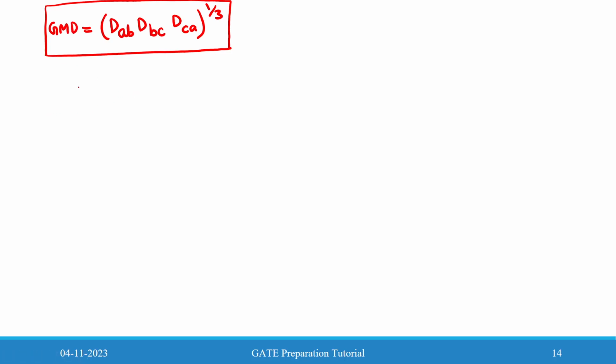Now DAB: we can see that between the subconductors this distance is changing.